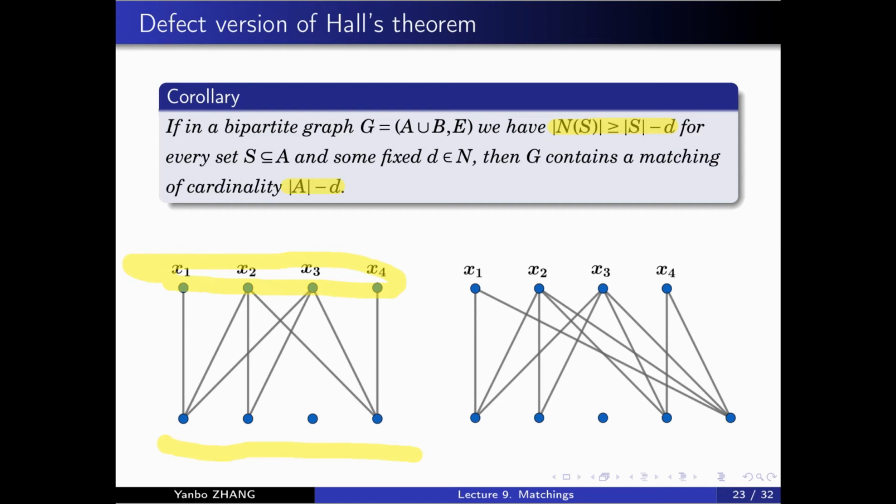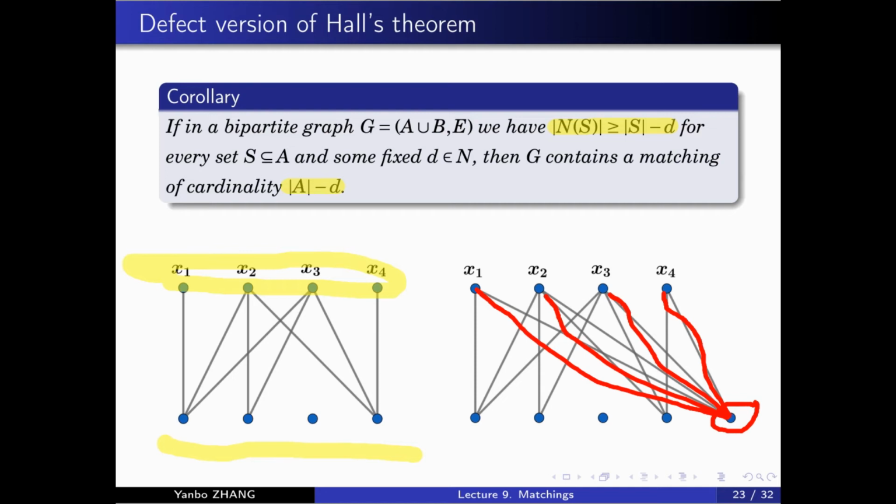So how to prove this corollary? We can add new vertices in the part B and join each of them to all the vertices of A. Then this new graph satisfies Hall's condition.